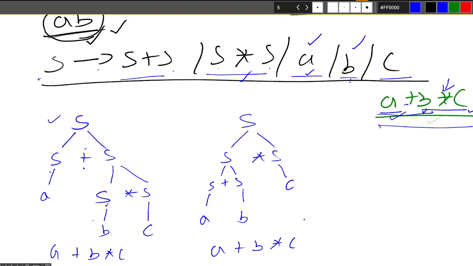However, what will happen later on, you may understand when you see syntax directed translation. You will see what happens in this derivation tree.